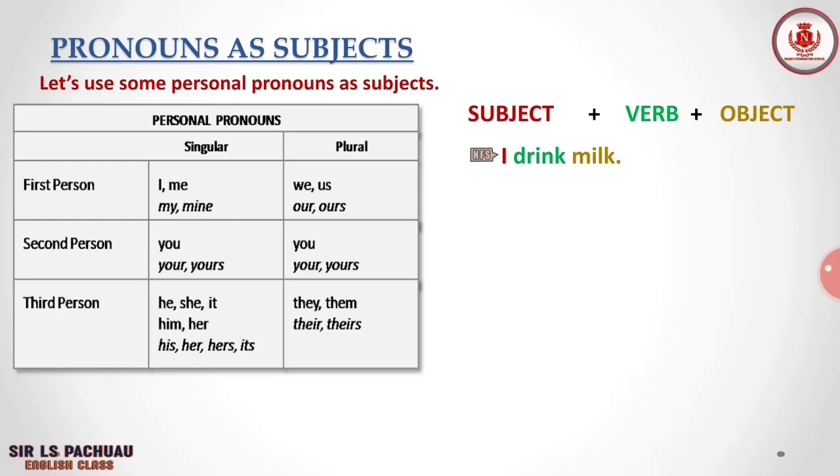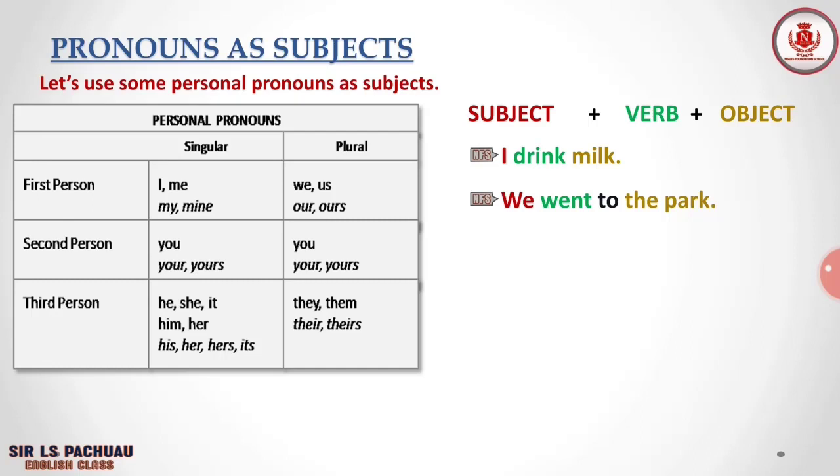I drink milk. Drink is the verb here, and milk is the object. We is first person plural, a pronoun. We went to the park. Went is the verb. Went is the past tense of go. Go, went, gone, like that.